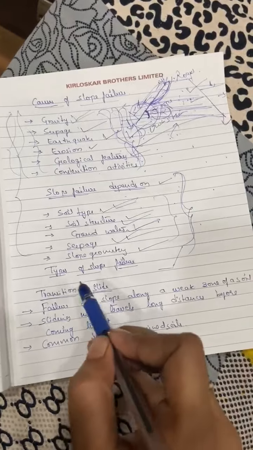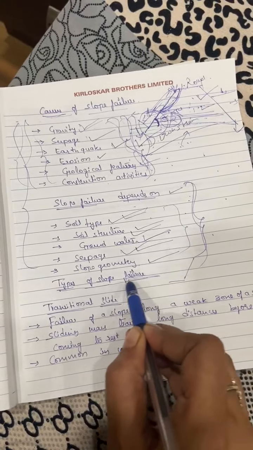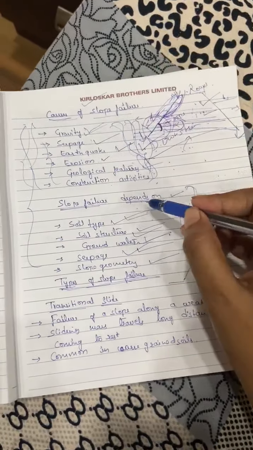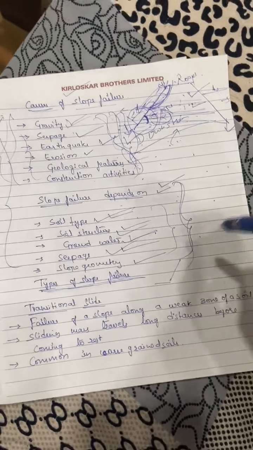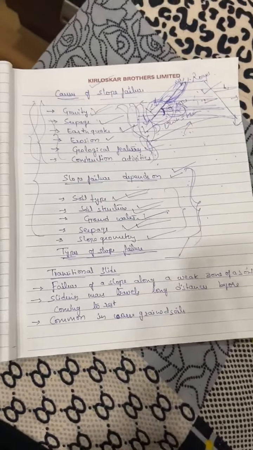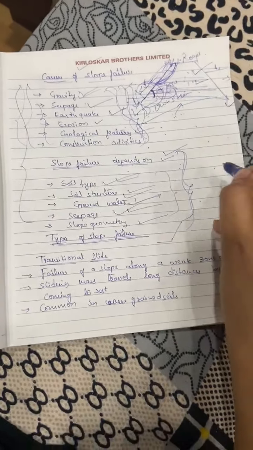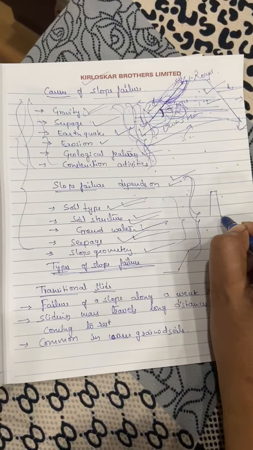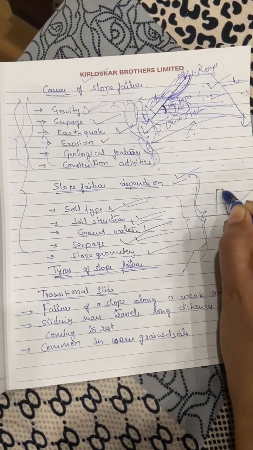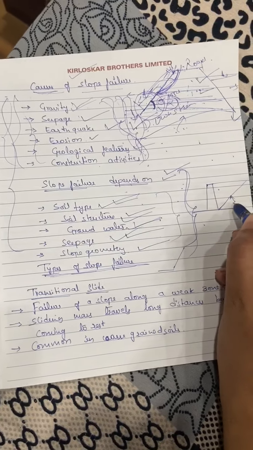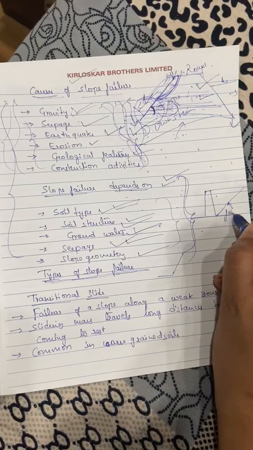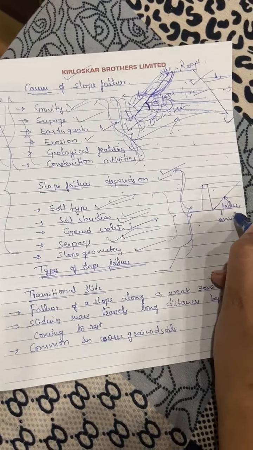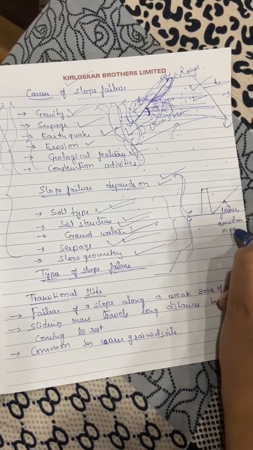Now we will see the types of slope failure. We have covered the causes of slope failure; now slope failure depends on how the slope is going to fail. Before this, we have already discussed it in earth retaining structures; I'll just remind you. We drew a wedge like this, and we mentioned this as the failure envelope or failure plane.